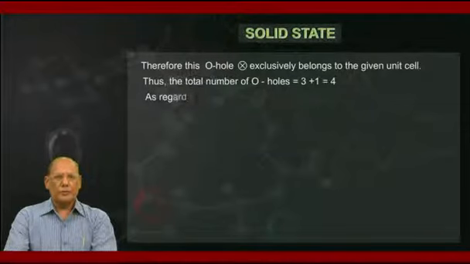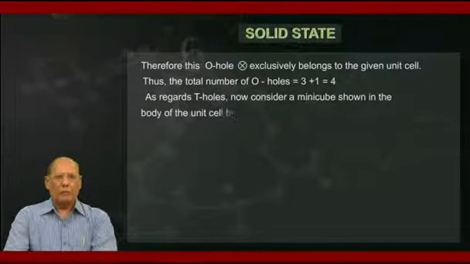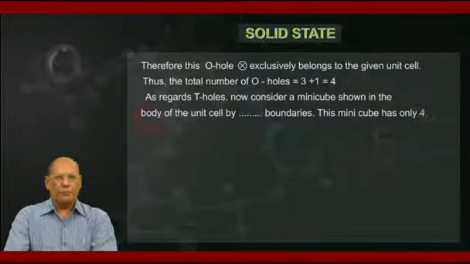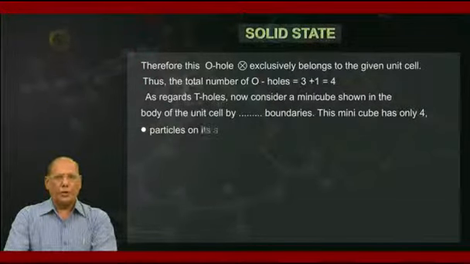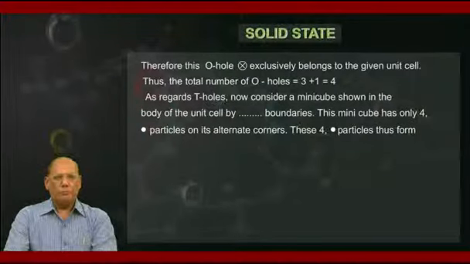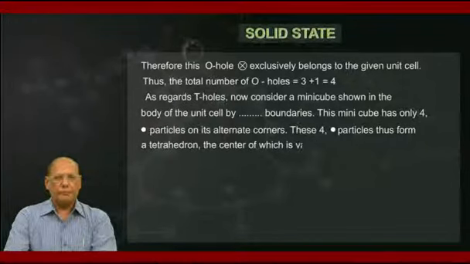As regards T holes, now consider a mini cube shown in the body of the unit cell by red dotted boundaries. This mini cube has only 4 dot particles on its alternate corners. These 4 dot particles thus form a tetrahedron, the center of which is vacant.